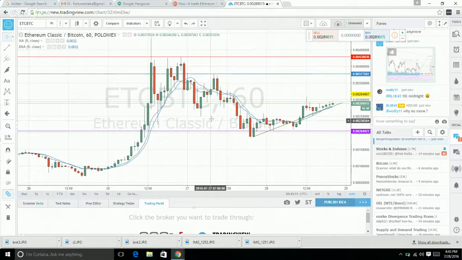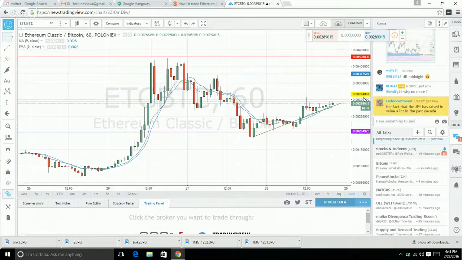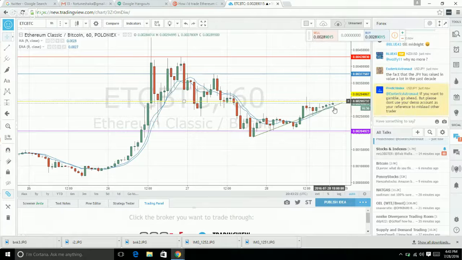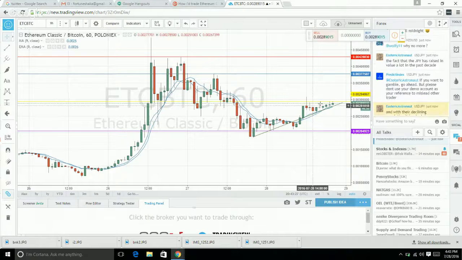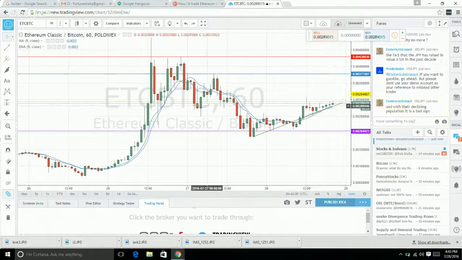Another strong level is this yellow one right here, which is 294,000 Satoshis, 294,867 to be exact. That's a really strong level. As you can see, the touches, touch, touch.